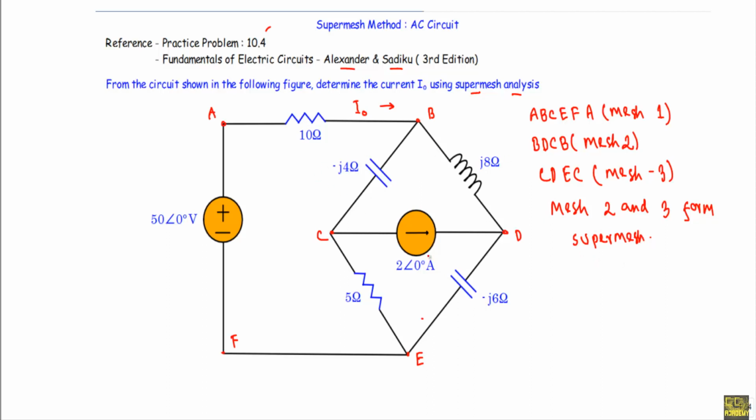How do we indicate the supermesh in a network? We replace the current source with an open circuit and we merge the two meshes that are sharing that current source.